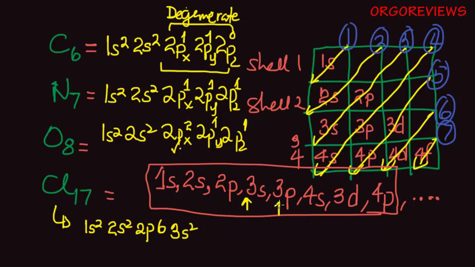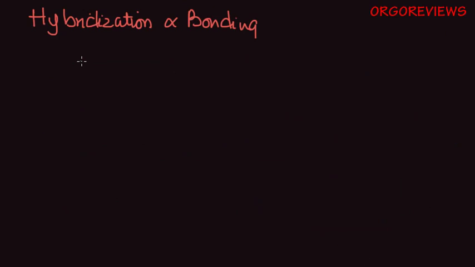The next orbital is 3p, and we know that the 3p will have 3px, 3py, 3pz. And these 5 electrons will have to go into these orbitals. So if one goes into each, you still have 2 electrons left. So it means that 3px can have 2 electrons, 3py can have 2, and 3pz will have 1. And that will be the electronic configuration of chlorine.